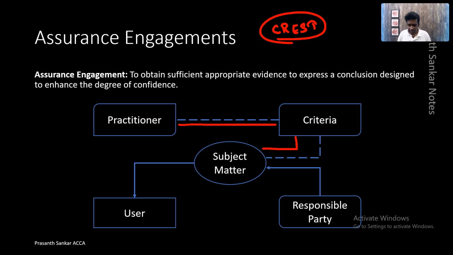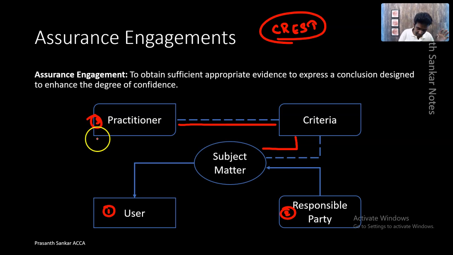So hence, in an assurance engagement, you will have a three-party relationship. And what are the three parties? Of course, there is a user, and it starts with the user. There will be a responsible party who will be taking care of the subject matter. And three, there will be an expert who is a practitioner, an independent practitioner, who will be ensuring that the subject matter is good, and he will give a report to the user.